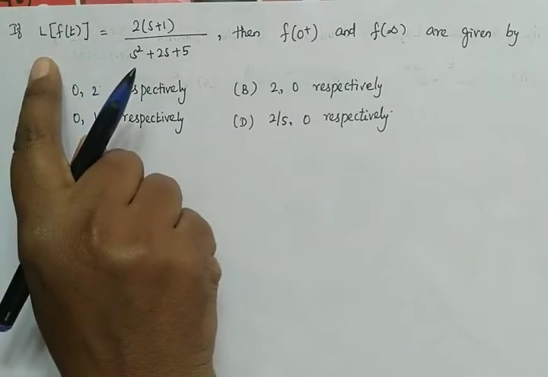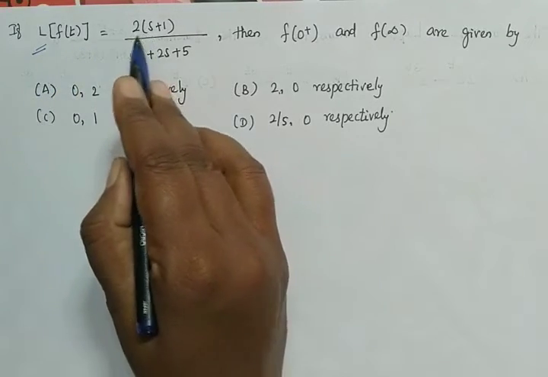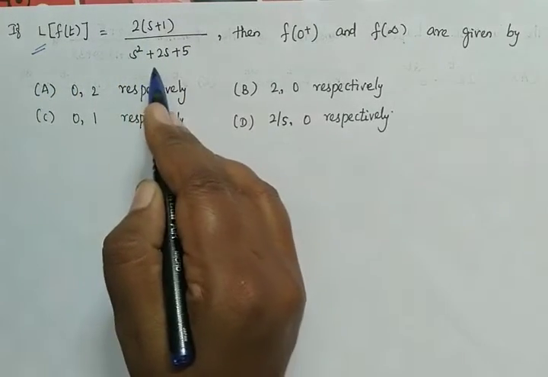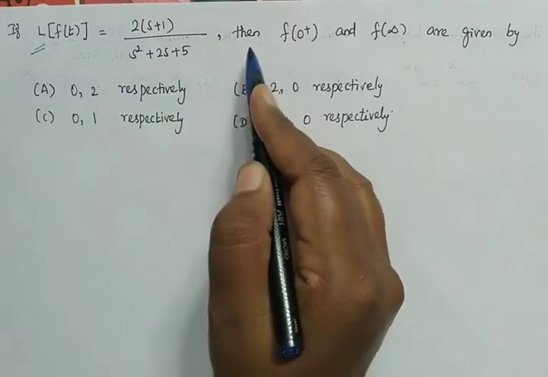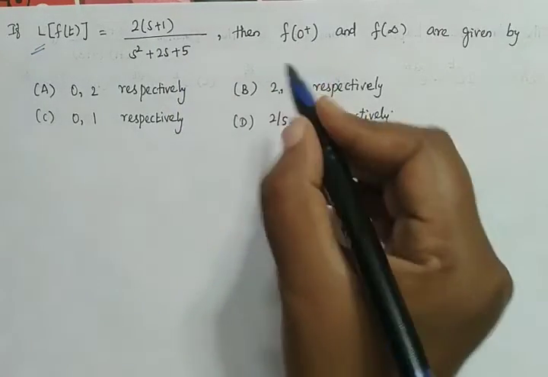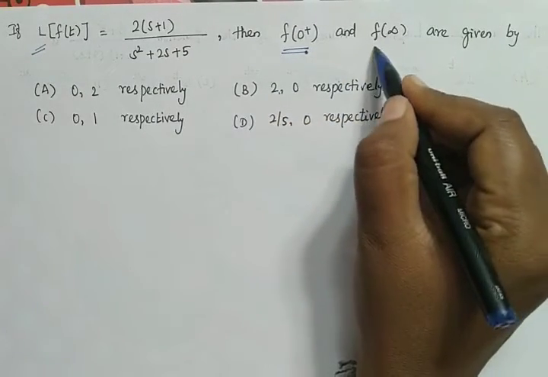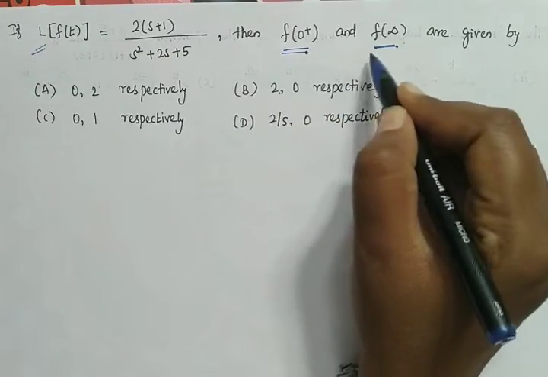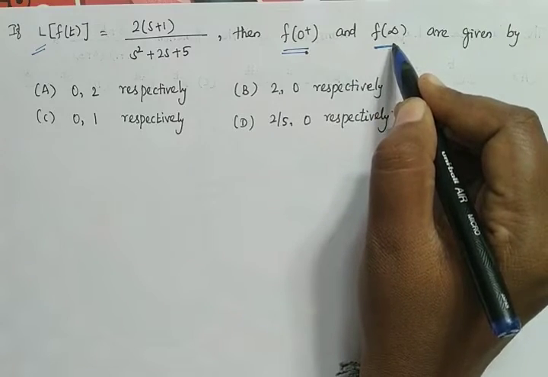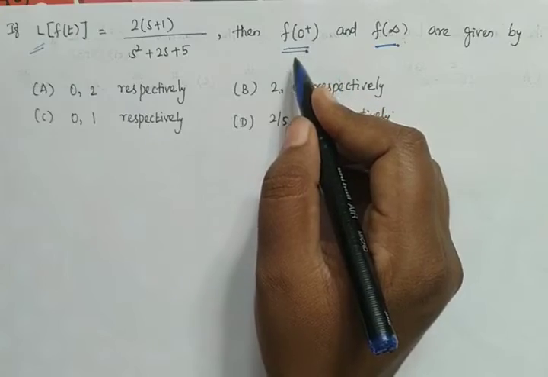If Laplace of f of t is equal to 2 into s plus 1 by s square plus 2s plus 5, then f of 0 plus represents the initial value theorem, and f of infinity represents the final value theorem.